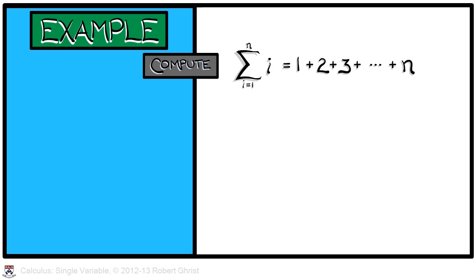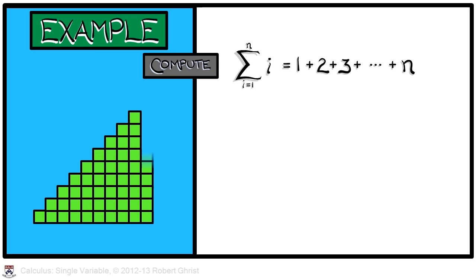Now we could think about this a bit more globally or geometrically by representing each i as a column of i squares, each with side length 1. The net sum then looks something like a triangle with base n and height n, but is discretized into these squares.